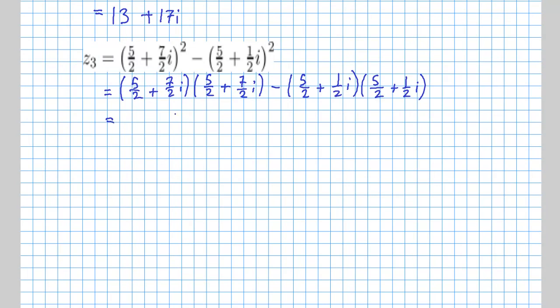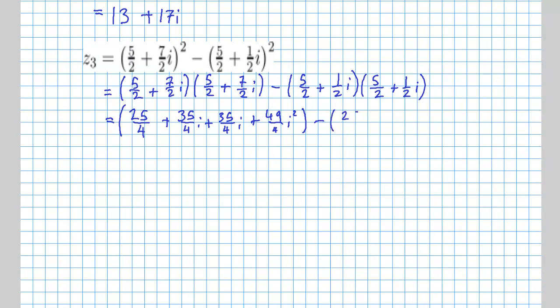So what we have here is the first bracket multiplied by itself, because that's what the square means, and we have the second bracket multiplied by itself as well. So what we're going to end up with is 25 over 4, we're going to have a 35 over 4i, another 35 over 4i, and then a 49 over 4, and that's going to be an i squared.